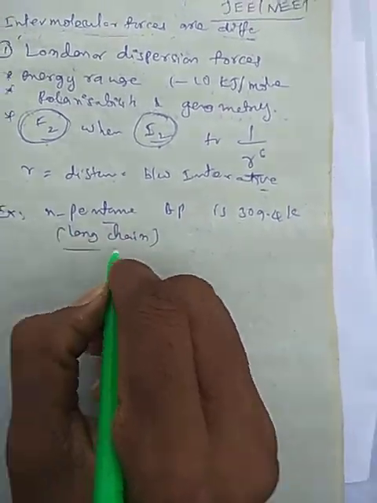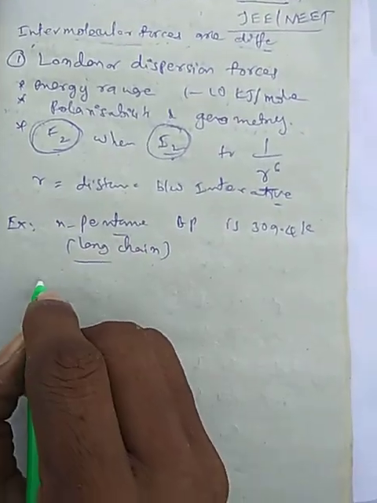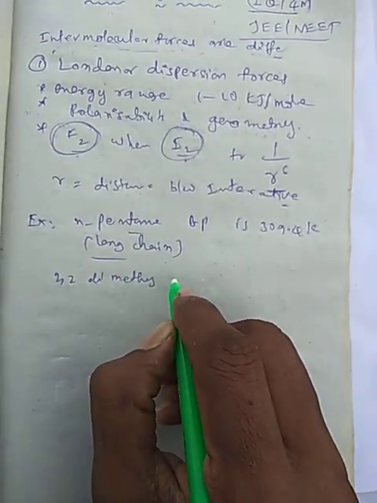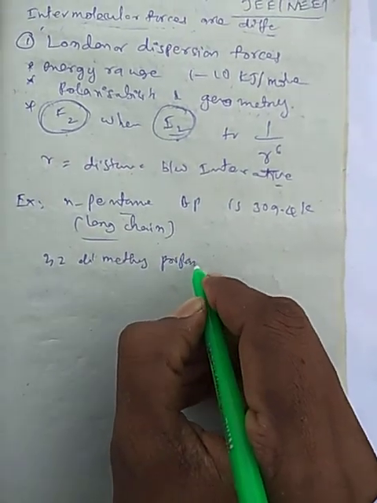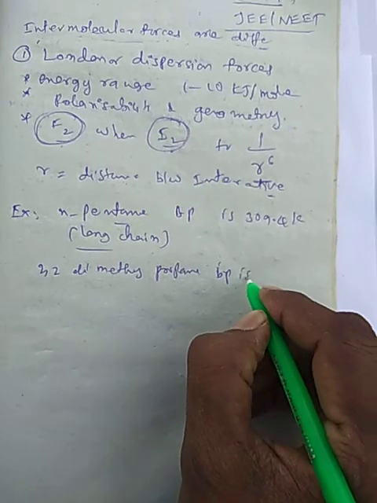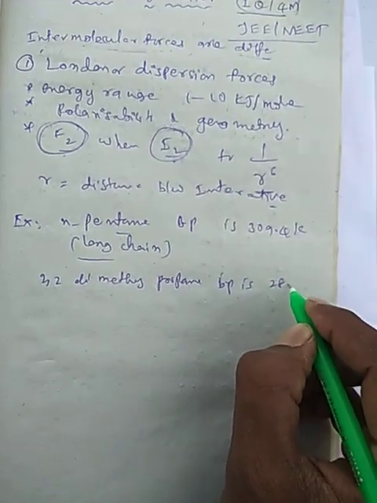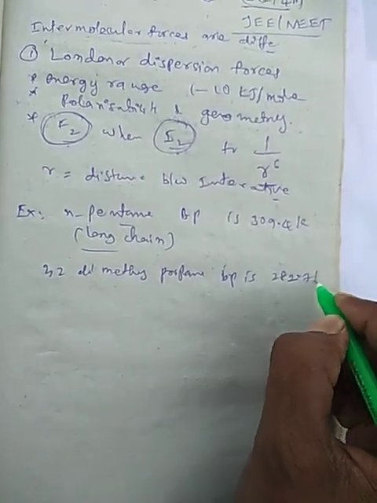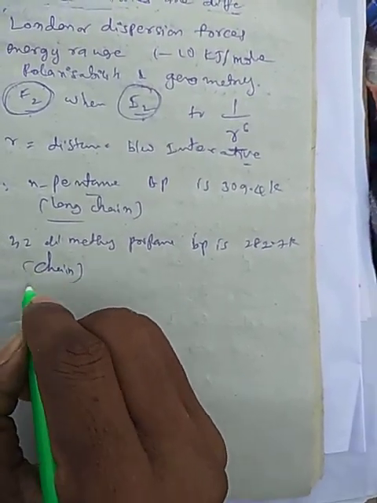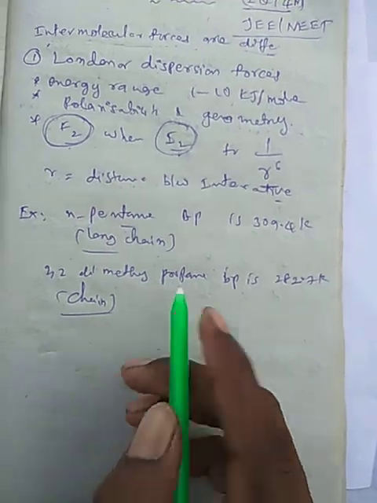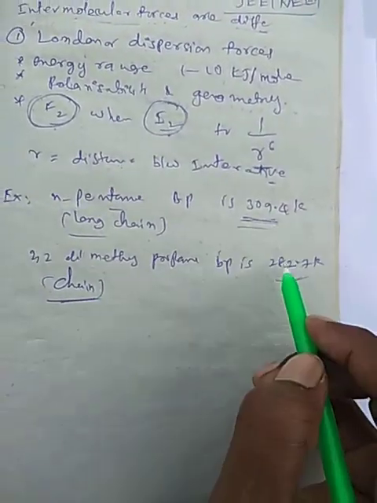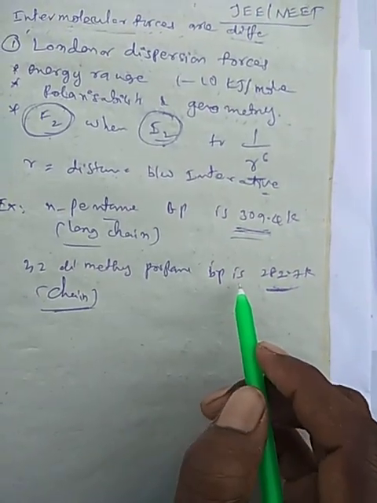Now, 2,2-dimethylpropane has a boiling point of 282.7 Kelvin. It is a chain having branches. Here you can see that as branching increases and the chain length decreases, the boiling point decreases.